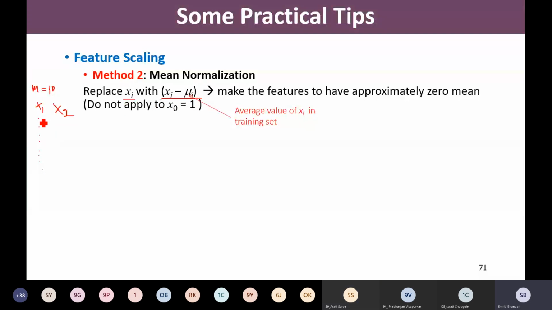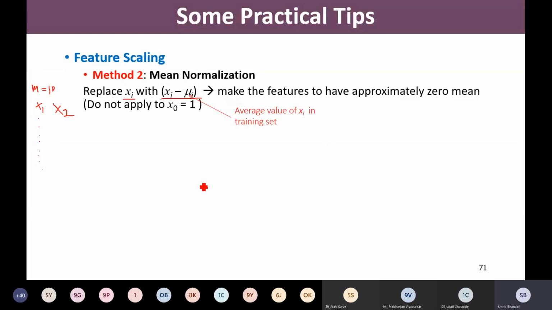So what I will do is, instead of taking this x1 as it is for every sample, I'll replace the value of x1 with x1 minus mu1. Similarly, I'll replace the value of x2 with x2 minus mu2.